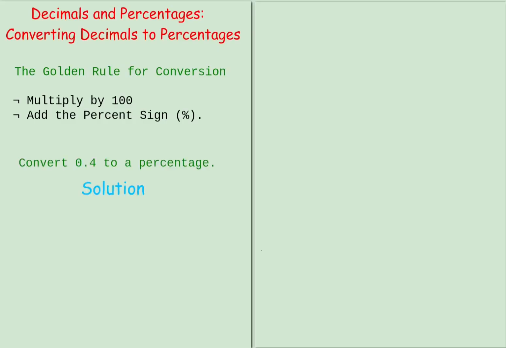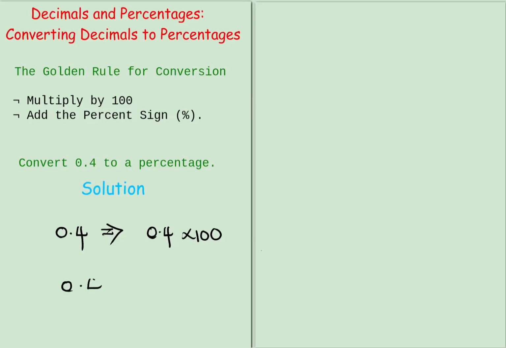For our first question, we have: convert 0.4 to percentage. If you want to convert it into percentage, we should multiply it by 100. It becomes 0.4 times 100.